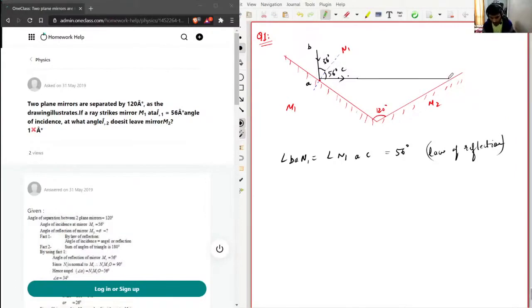And when this ray is striking this mirror, I will draw a normal which will be perpendicular to this.